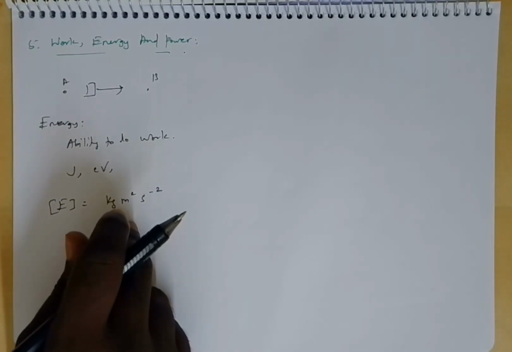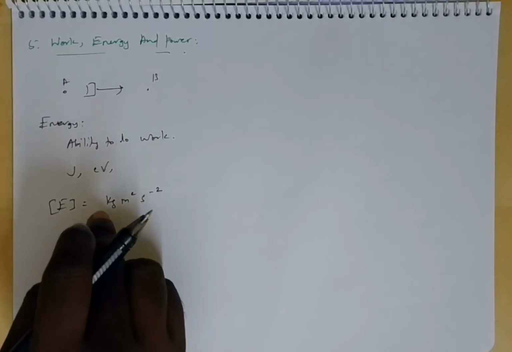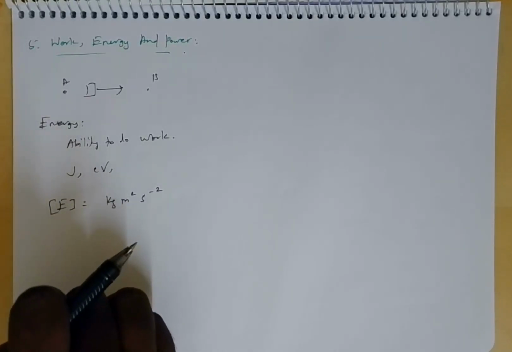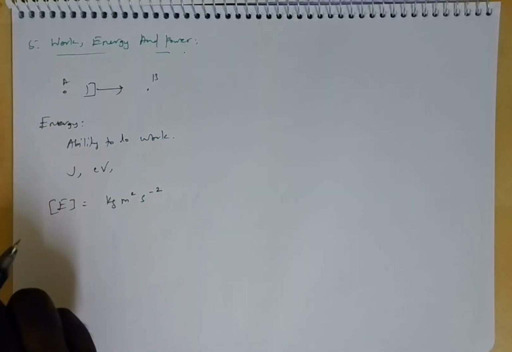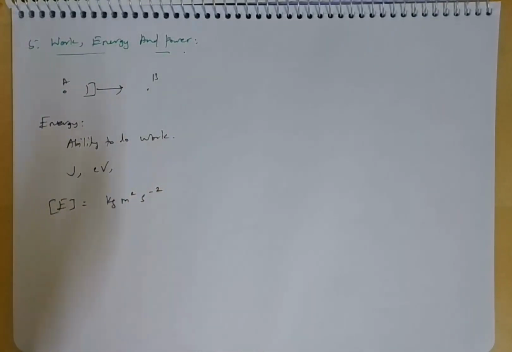And we understand wave does not have mass, but still the energy includes kilogram mass. So that's a beauty. We really do not worry about what type of energy it is. As long as it's energy, we go with this unit.